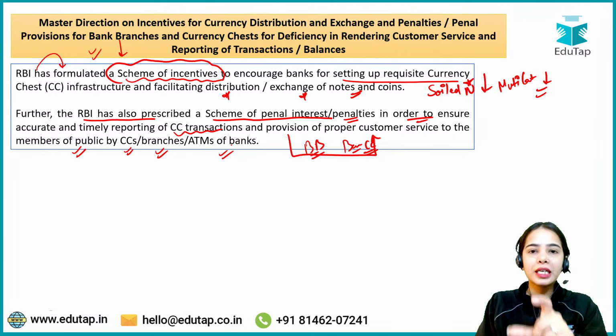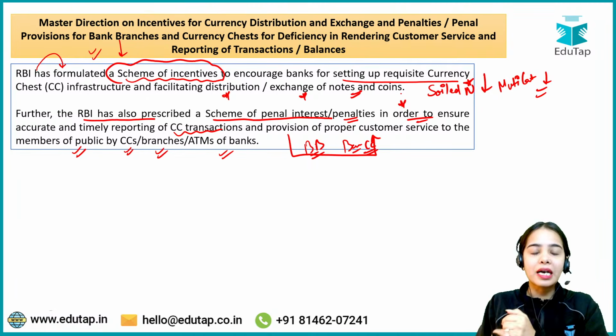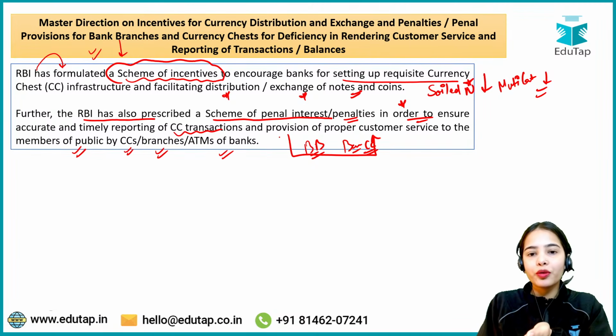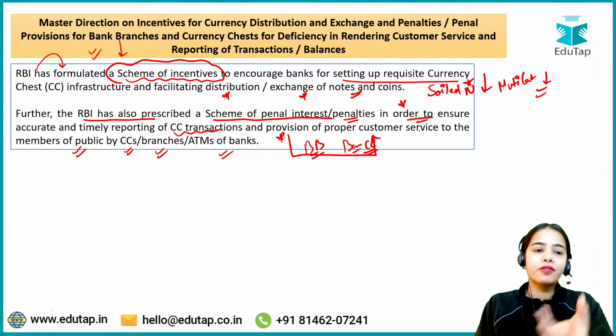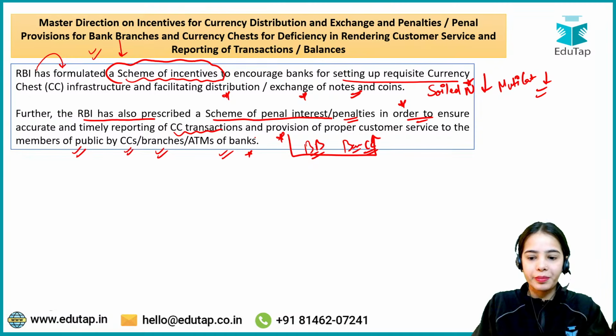So the scheme of penal interest or penalties is applicable to all the banks in order to ensure that all the banks provide accurate and timely reporting of the currency chest transactions and the provision of proper customer service to the members of public by the currency chest, the bank branches and the ATMs of banks. So this is the basic idea.